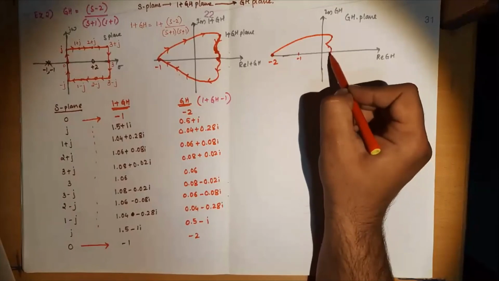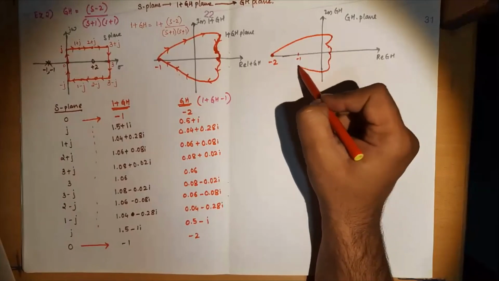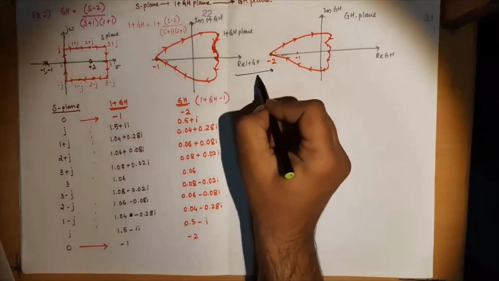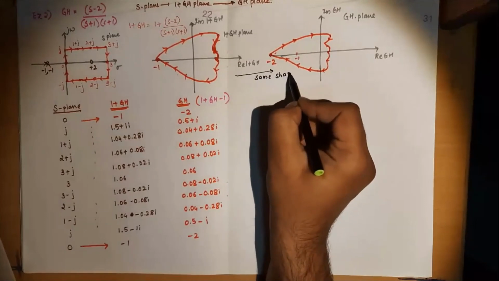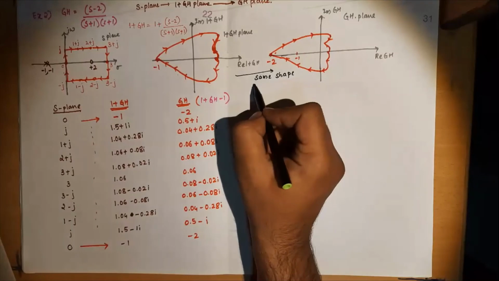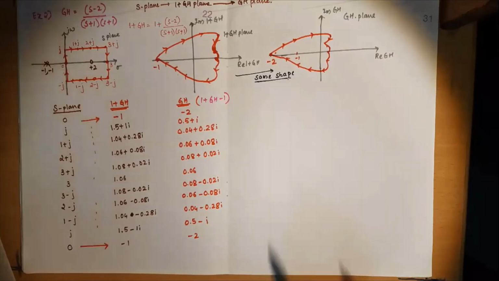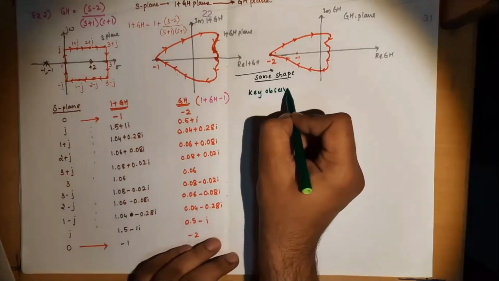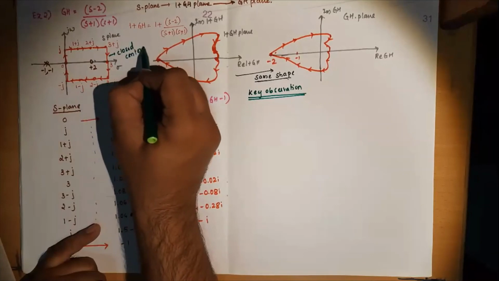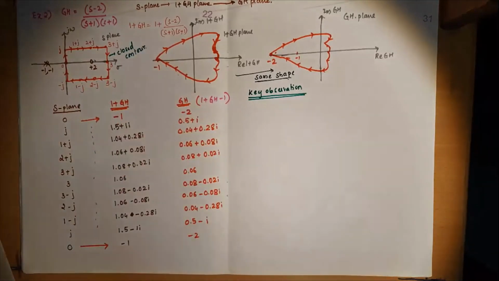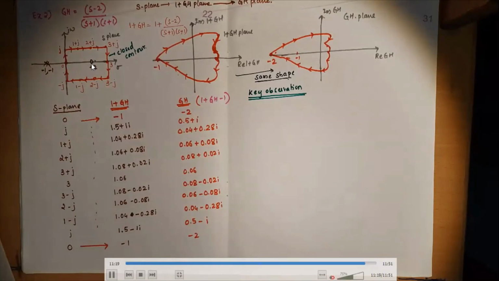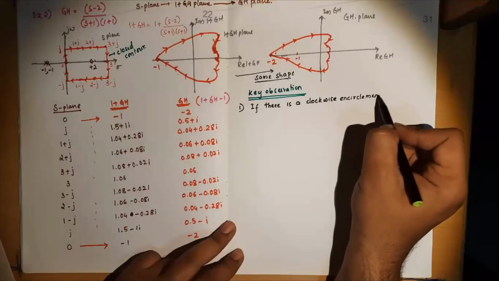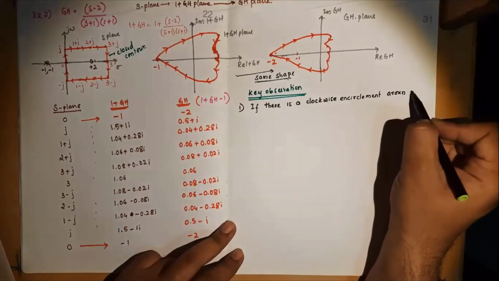So if you map these points on the GH plane, you will get the same shape. Though it doesn't look like exactly the same shape, you will get a similar shape. Okay, so what is the key observation to be made here? For this closed loop contour and around this zero, can anyone tell me the key observation?